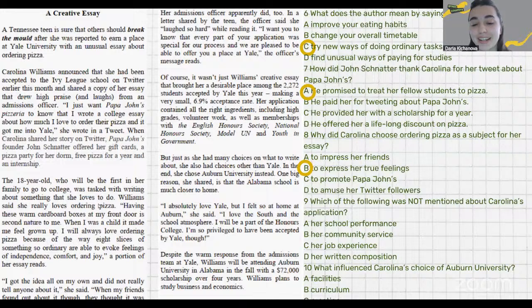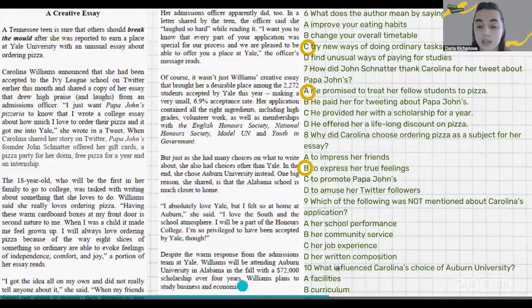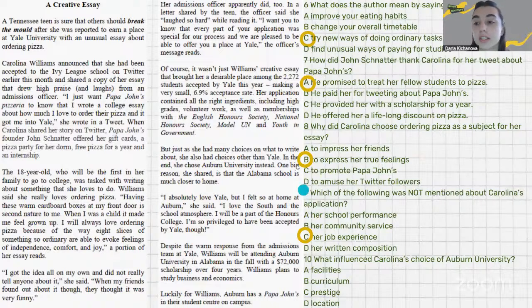So let's check number 9. And there we have, which of the following was not mentioned about Carolina's application? Her school performance, her community service, her job experience, or her written composition? Okay, good. So here we can see that it is C. Let's check where we have it in the text.